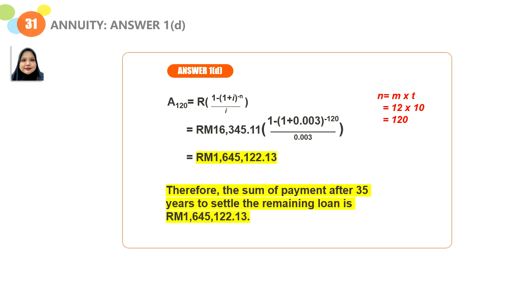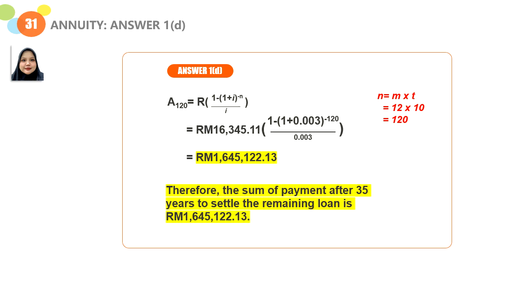Substituting these values into the present value formula, we get A sub 120 equals 16,345 ringgit and 11 cents multiplied by the quantity 1 minus open parenthesis 1 plus 0.003 close parenthesis raised to the power of negative 120, all divided by 0.003.